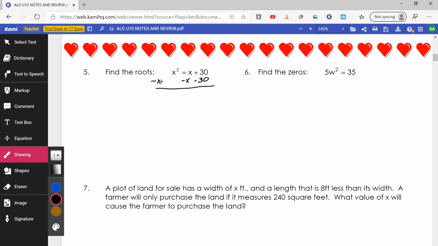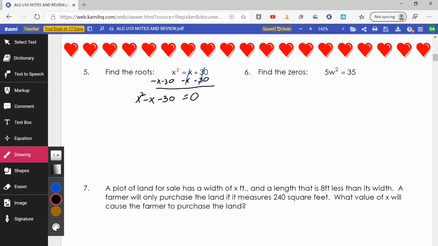So again, what I do to one side, I do to the other. So x minus x and 30 minus 30, I now have an equation that equals 0. Now I cannot take x or 30 away from x squared, nor can I take 30 away from x. So what I'm left with is x squared minus x minus 30.